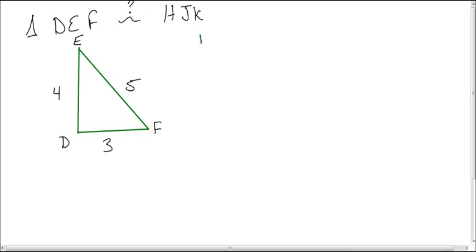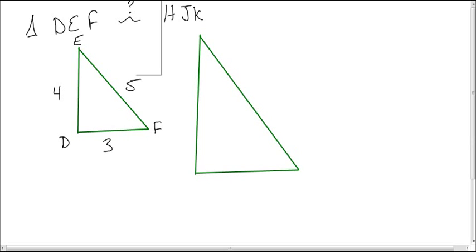And here, we're going to do H, J, and K. Okay, and we say that this is J, this is K, and this is H. Well, let's say HJ, let's call it 5, and JK, let's call it 6.25, and HK, let's call it 3.75.